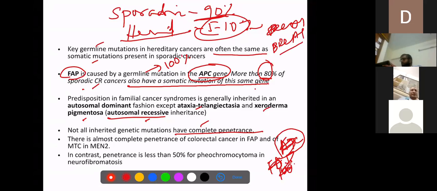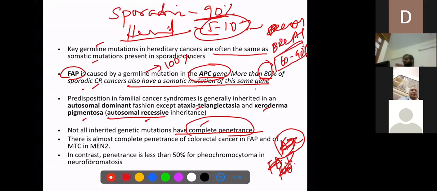If 100 patients are affected, they will not all develop carcinoma breast or carcinoma ovary. Only about 60 to 90% of the patients will develop carcinoma breast. Not all the patients will develop it. That means they don't have complete penetrance.